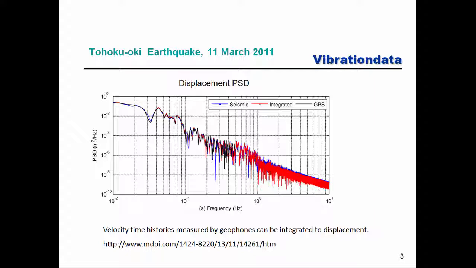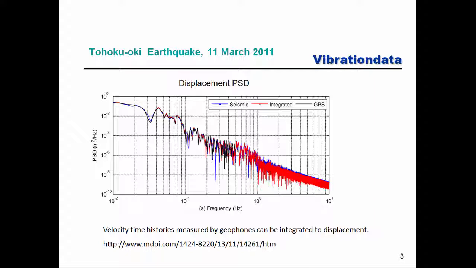If we were, for example, just measuring seismic data with a geophone, well, a geophone outputs a voltage proportional to velocity. So we could take that resulting velocity signal in a post-processing operation, integrate that velocity to a displacement time history, and then calculate a displacement power spectral density.